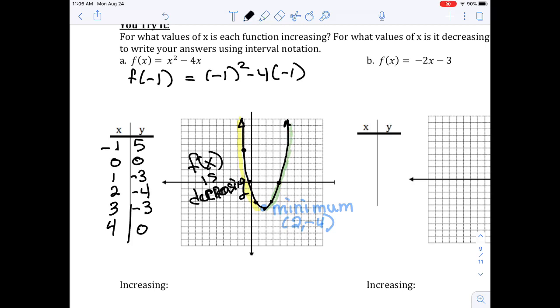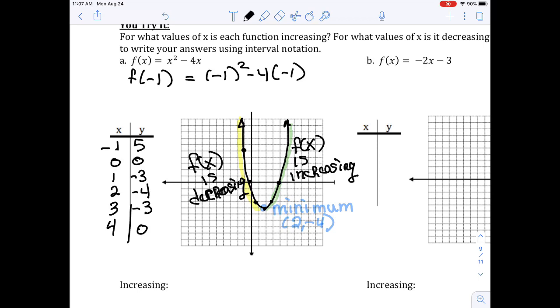And then I'm going to highlight this section of the graph green. And in that section of the graph, f of x is increasing.